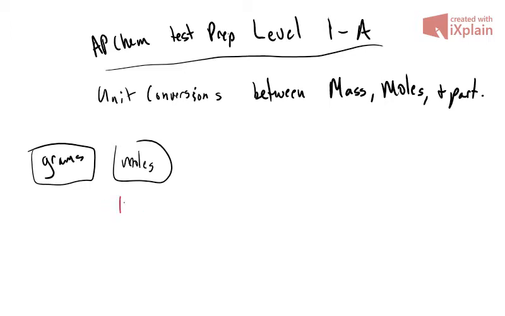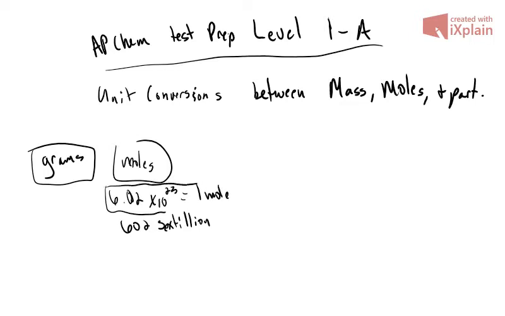Are you kidding me? I'm a science teacher with a master's, and I still can't write stuff right. 6.02 times 10 to the 23rd, or 602 sextillion. Okay, that is equal to 1 mole.